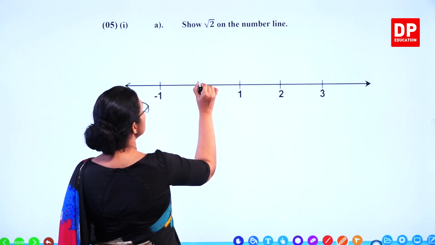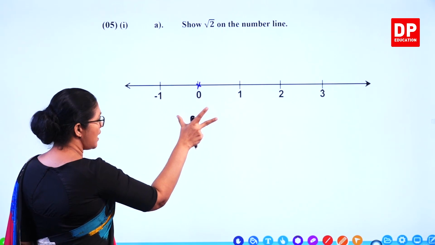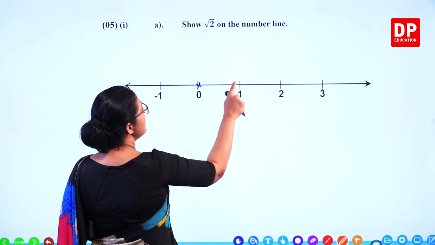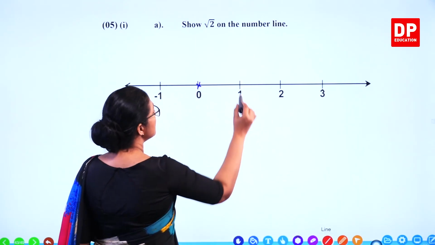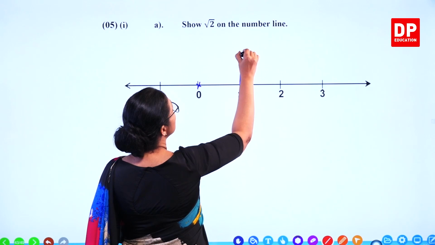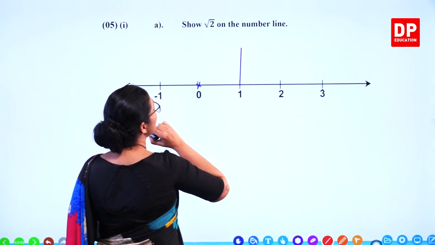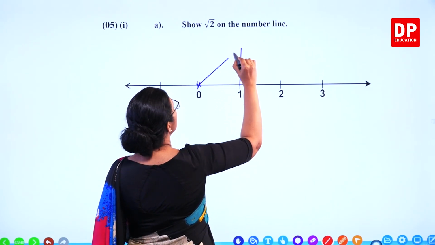So if you want root 2, what we do, we can start from 0. So we can take the same distance. Now 1 is here. So we are taking length 1 to this side. And what happens here?